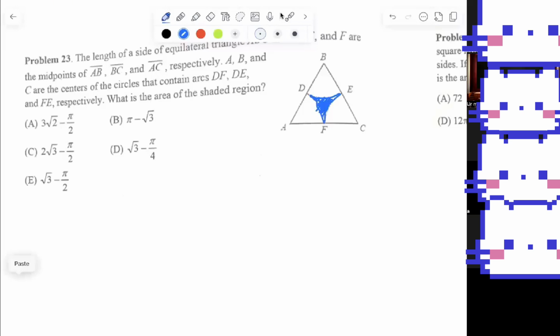So basically what you can do is find the areas of the three sectors and subtract it from the area of the equilateral triangle.